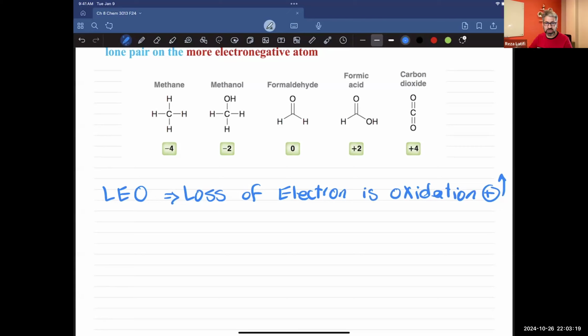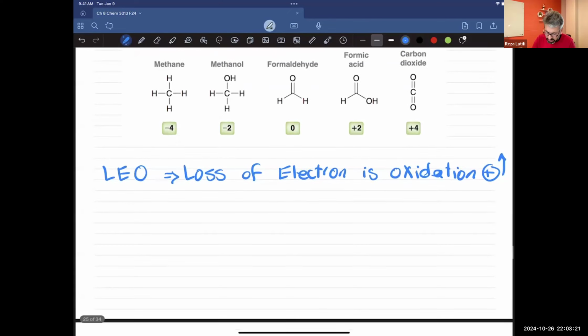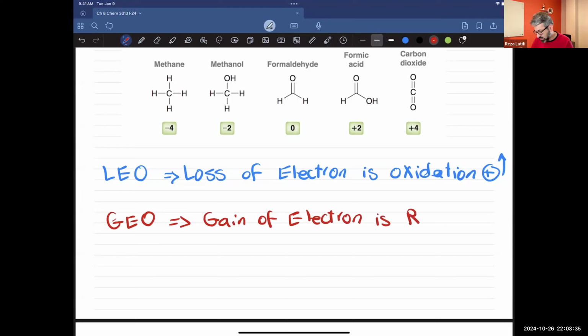So loss of electron is oxidation, and gain of electron is reduction, which means the positive charge will go down and turn more negative.